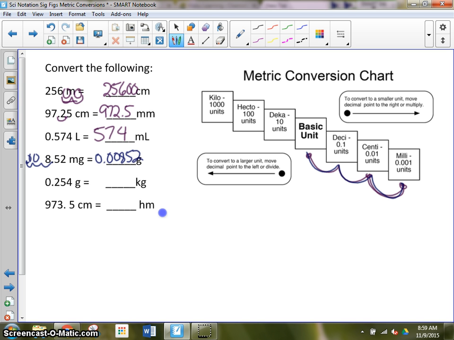Grams to kilograms. Again, I'm moving to the left, 3 this time again. And our last one, moving from centimeters to hectometers. It's going to be 4 places to the left.